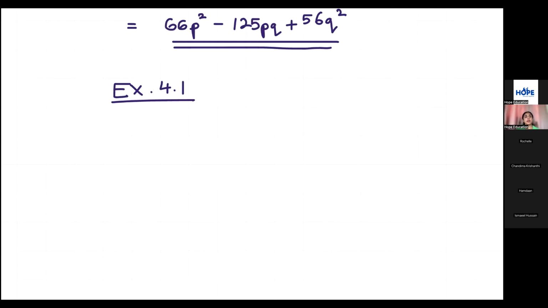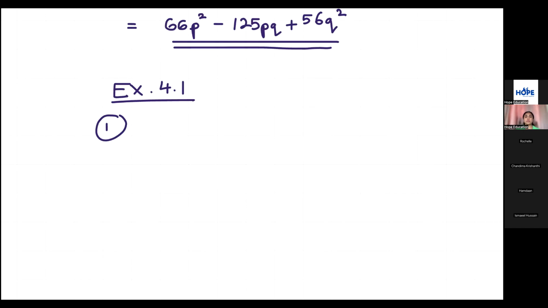No, okay. In exercise 4.1, in the first question, can you all do the difficult ones? Because if we practice the difficult ones, easy ones are anyway easy, right? So let's copy the difficult ones.